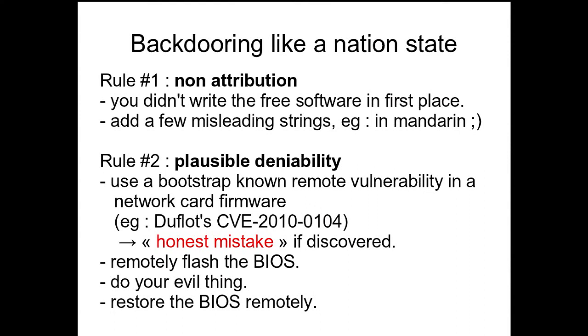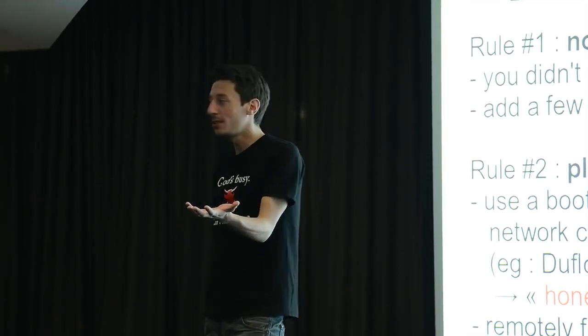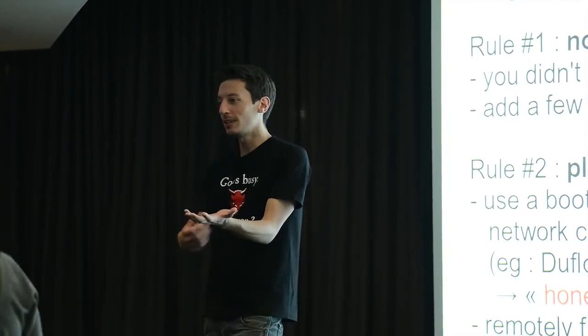He found a remote vulnerability, listen to this, on network firmwares on your network card for Broadcom cards. It's like, let's say, 30% of the market. It means you have this network card, whatever operating system you're running on it, he sends you one packet and he gets a root shell.